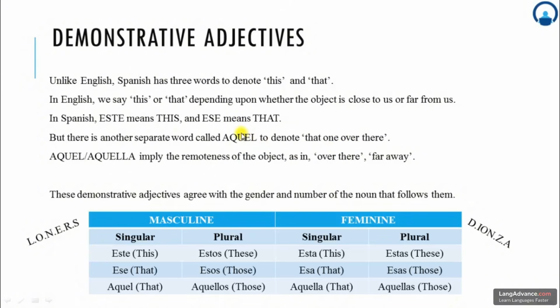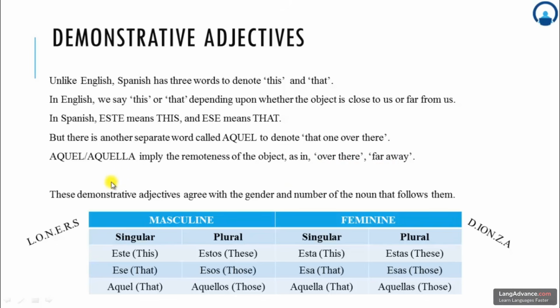That means we have classified that into two types. Ese means that which is a bit far from us, and aquel means that one over there which is more far away from us. Aquel and aquella imply the remoteness of the object, as in over there or far away from us.